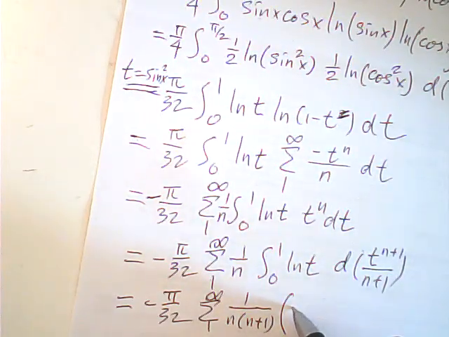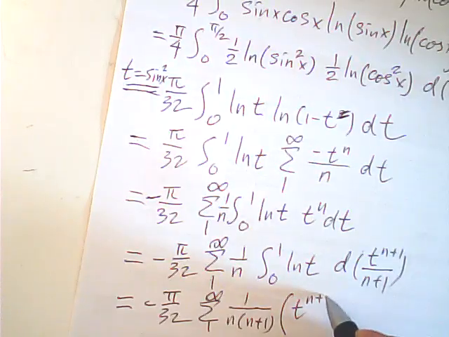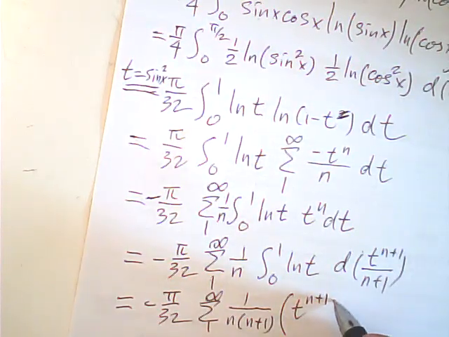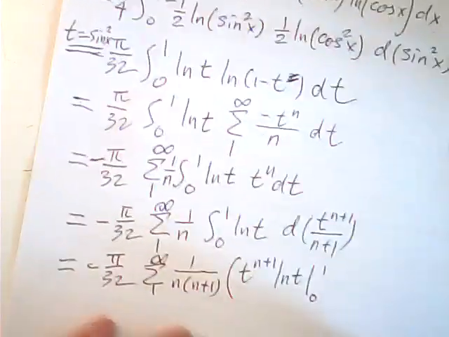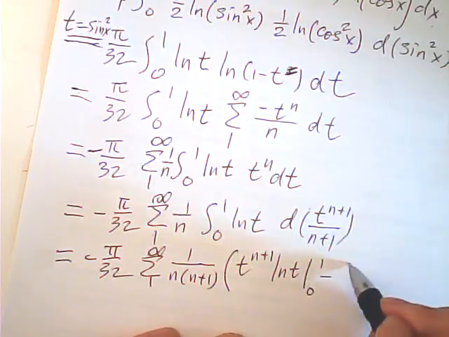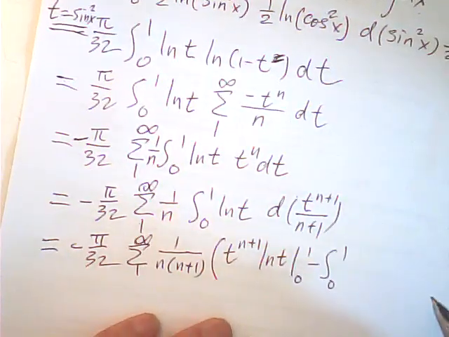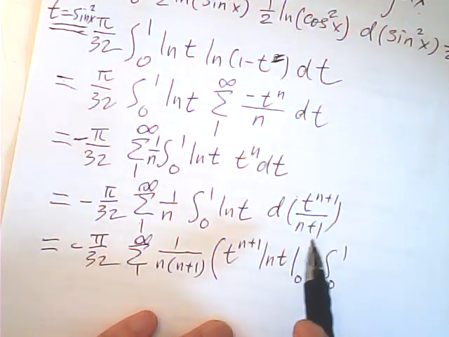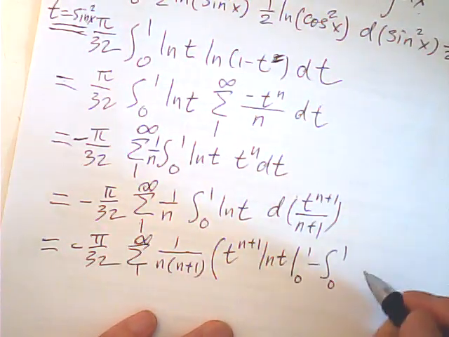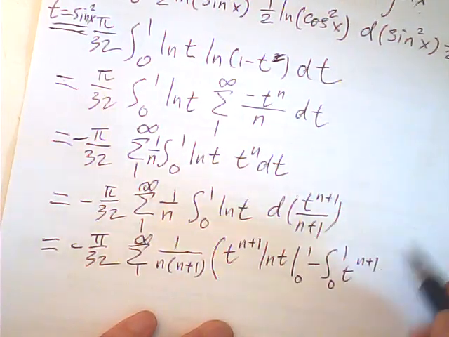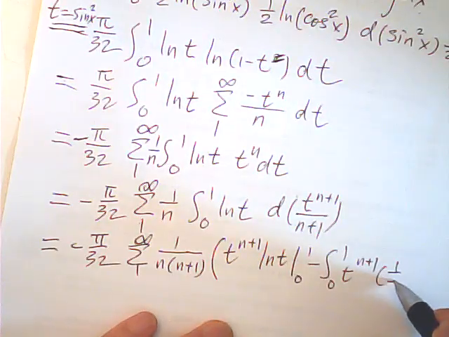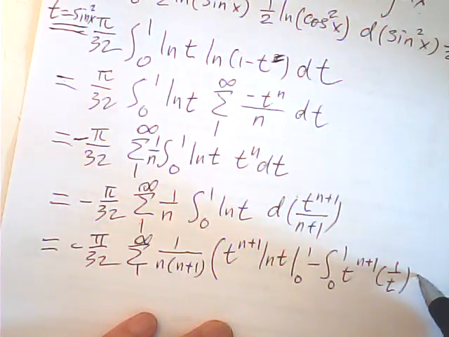So it's t to the n plus 1 times log of t from 0 to 1, uv, right? Minus v du. V is this. Du is 1 over t, right? And dt.